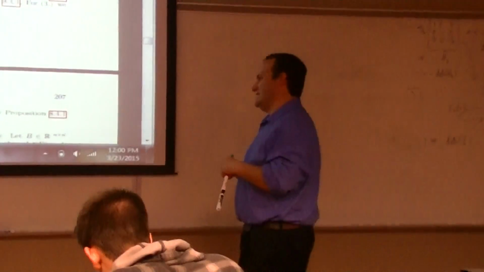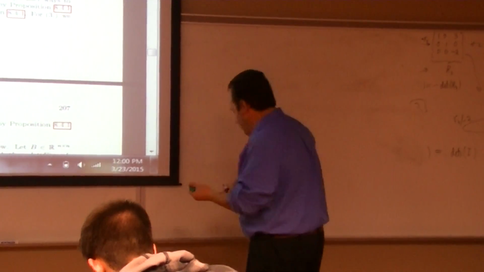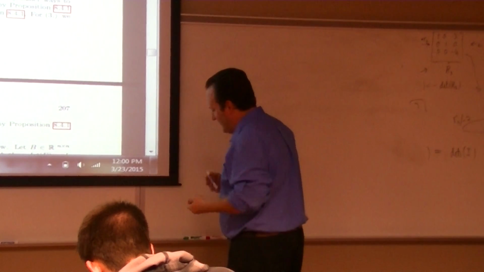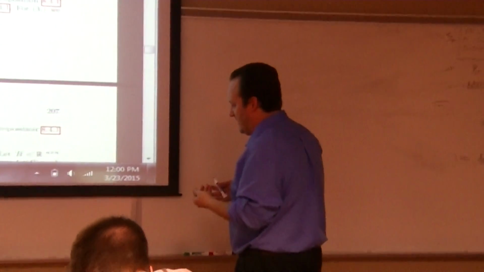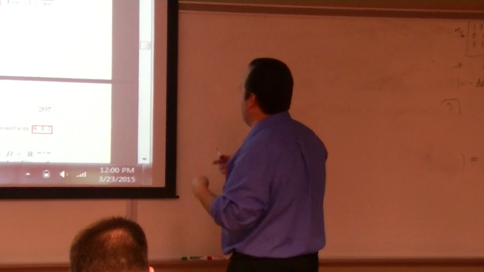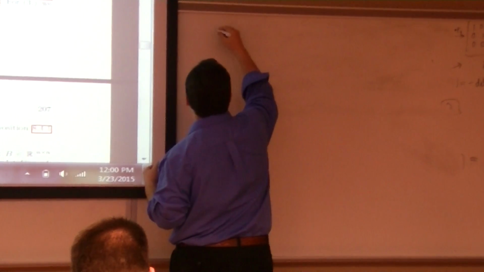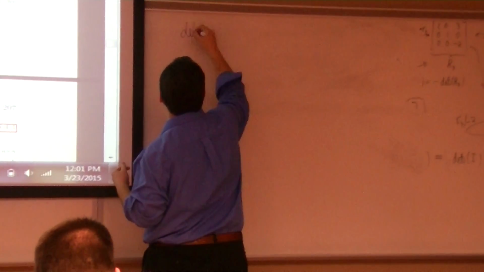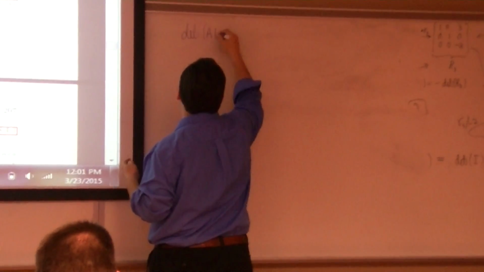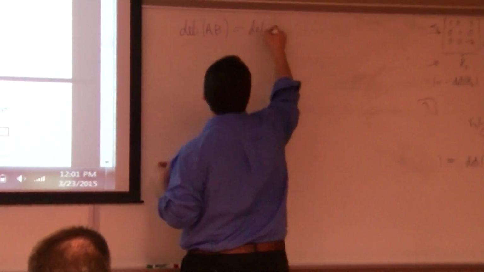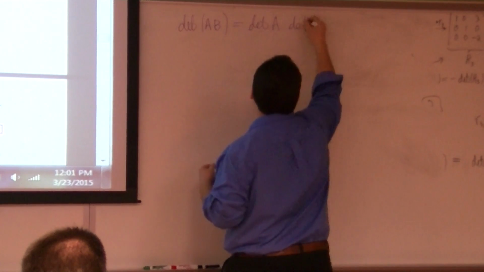This is how to prove some of those things I just said, either by a cofactor expansion calculation or by things I'm about to show you. But our goal at the moment is to explain why the determinant of A times B is equal to the determinant of A times the determinant of B.